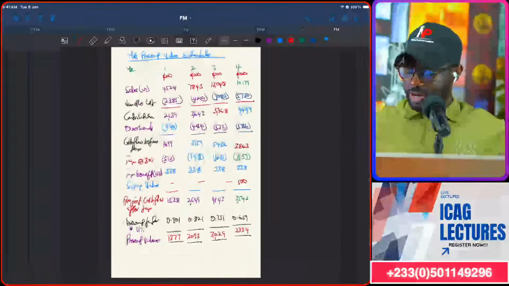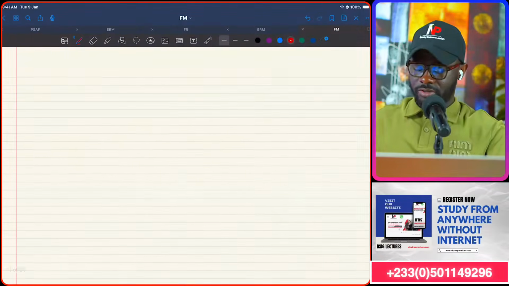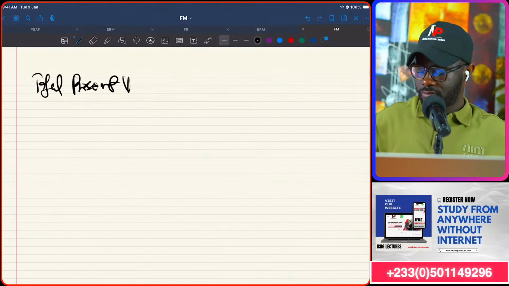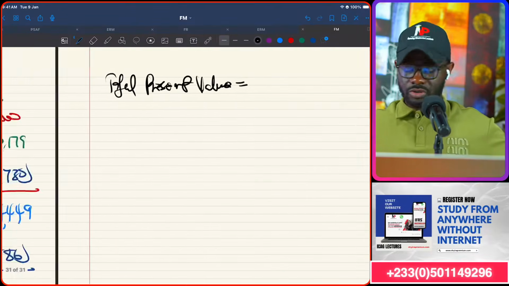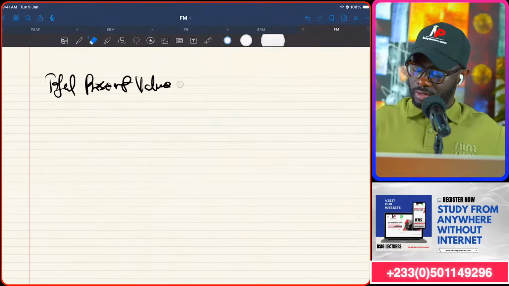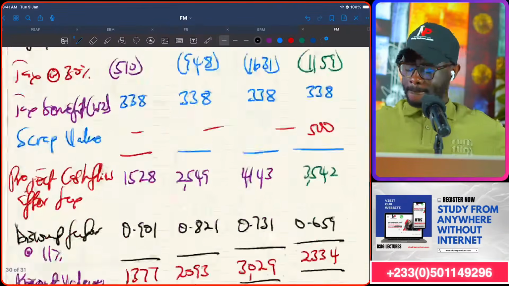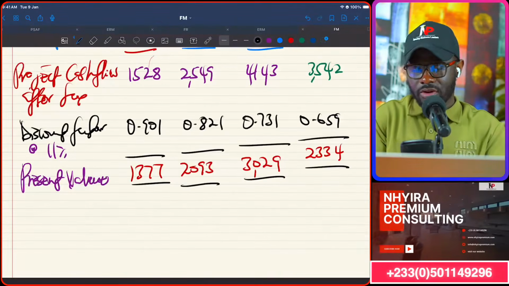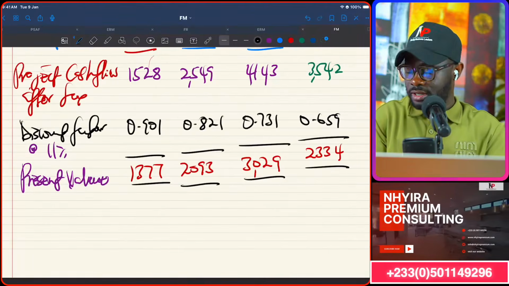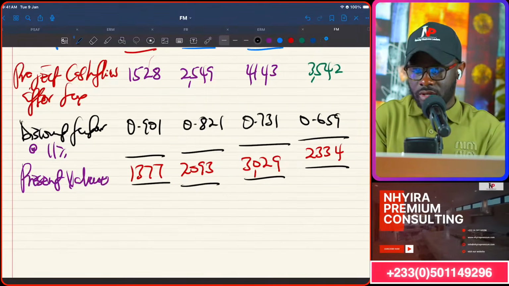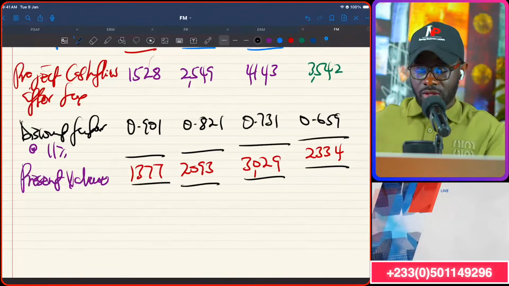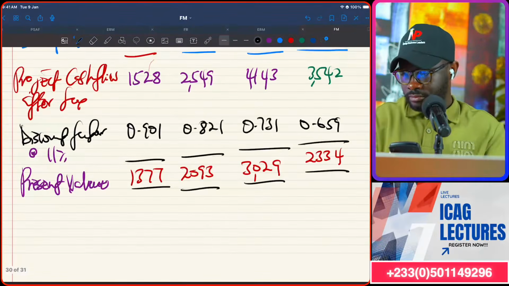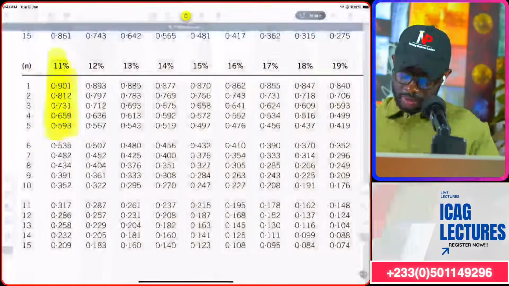My space is already exhausted, so I have to go to the next page. So total present value, I could present this way. We add them up, 1377 plus 2093 plus 3029 plus 2334, and that is 8833. No, give me a sec on something.